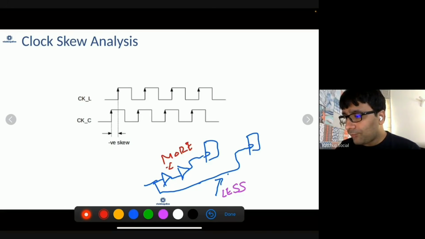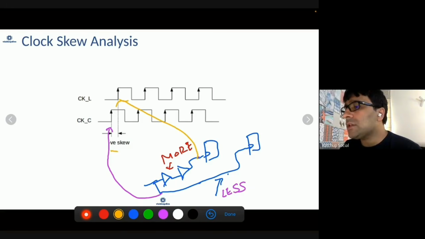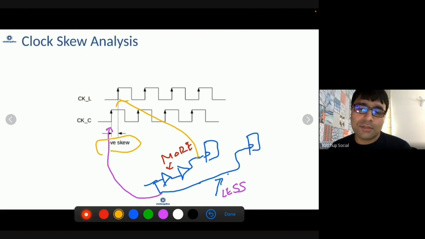This edge will reach earlier, and here the clock will come later. So in this case, there is negative skew. So skew is nothing but the difference in the clock delays, also known as travel time or latency, at different points in the path. Typically, it is measured at the launch and capture clocks because that is where the delay calculation is important for timing analysis.